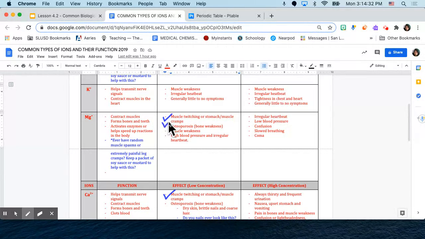Both of these are related to osteoporosis or weak bones. So I could say that maybe they are low in Mg2+ or magnesium, or my patient is low in calcium, Ca2+. The reason I say they are low is because I'm reading the symptoms in the low concentration column, which means that they don't have enough.